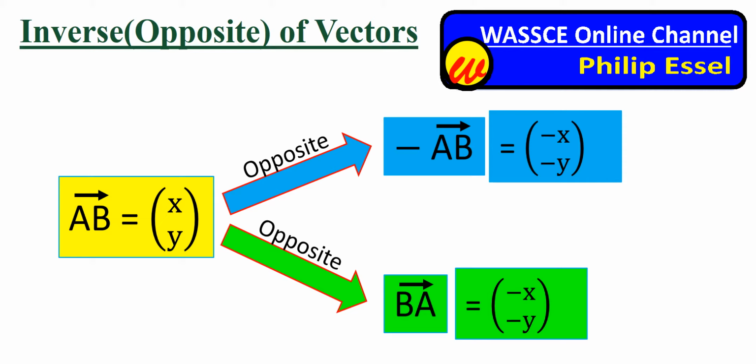Remember that the negative AB is the same as the BA.